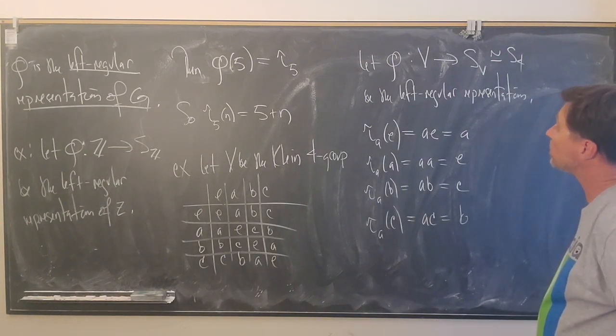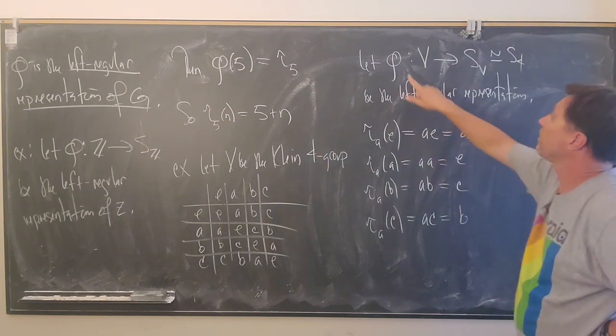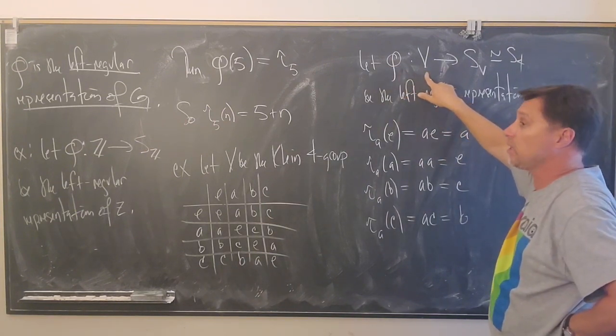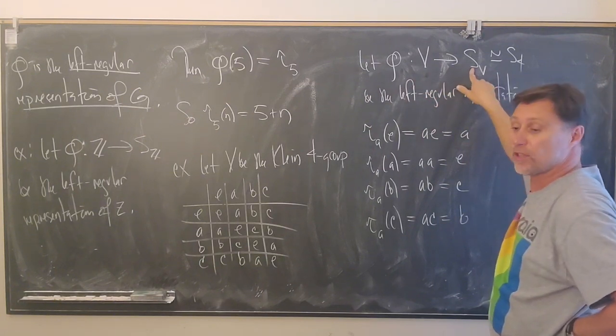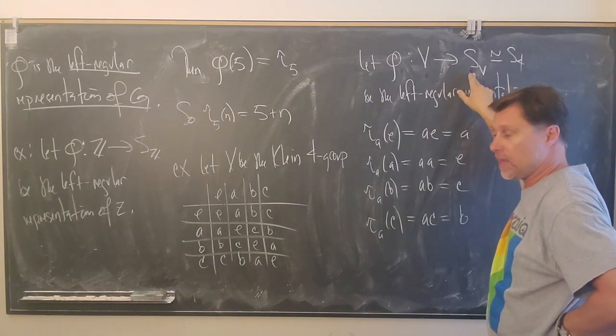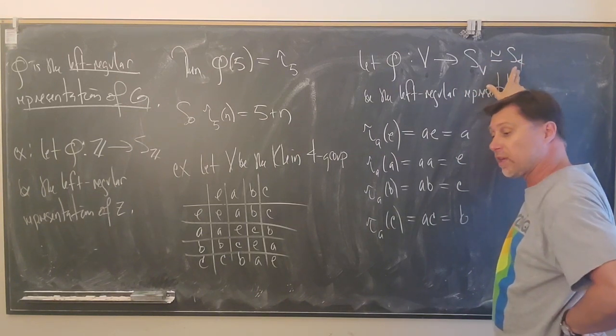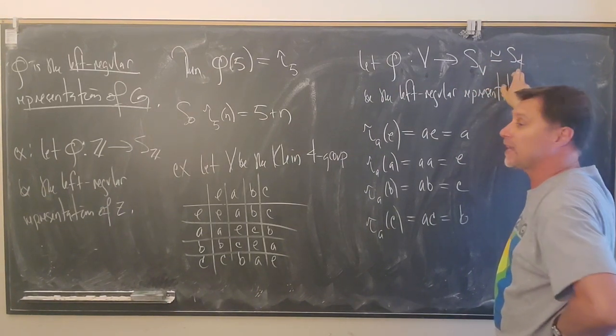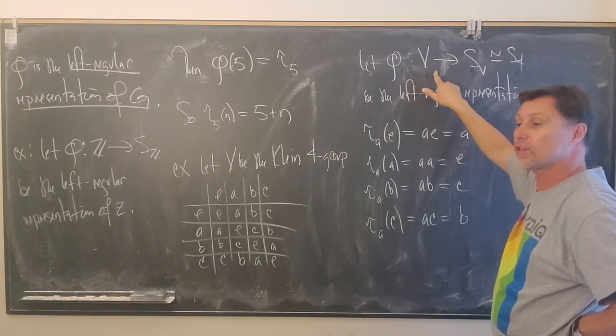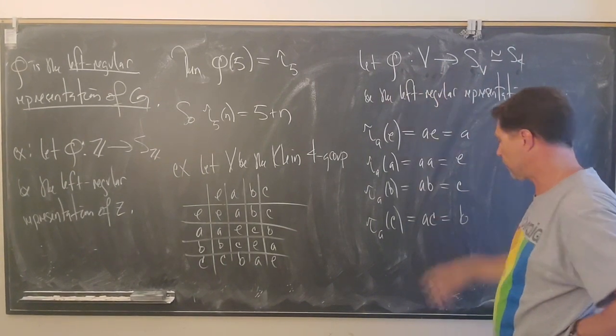Now, one thing to be aware of: we have phi takes V to a subgroup isomorphic to S sub V. Since S sub V is isomorphic to S4, what we can conclude is that S4 contains a subgroup isomorphic to V. So that's kind of fun.